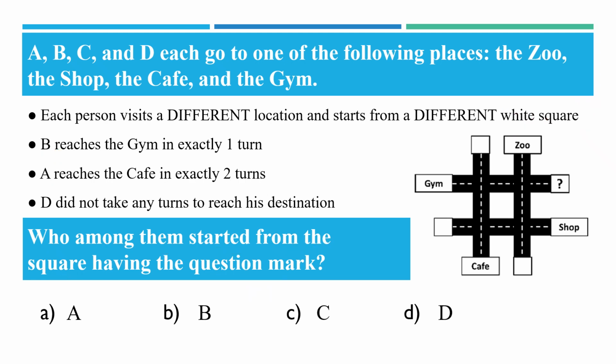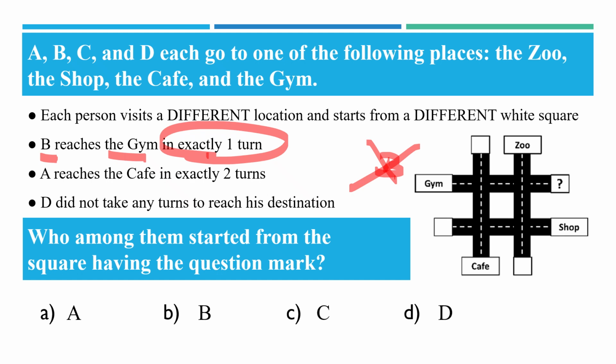In that case, let's do this. B reaches the gym with one turn. Okay, so from the question mark, it is straight to the gym. So B cannot be the person who's starting from the question mark.